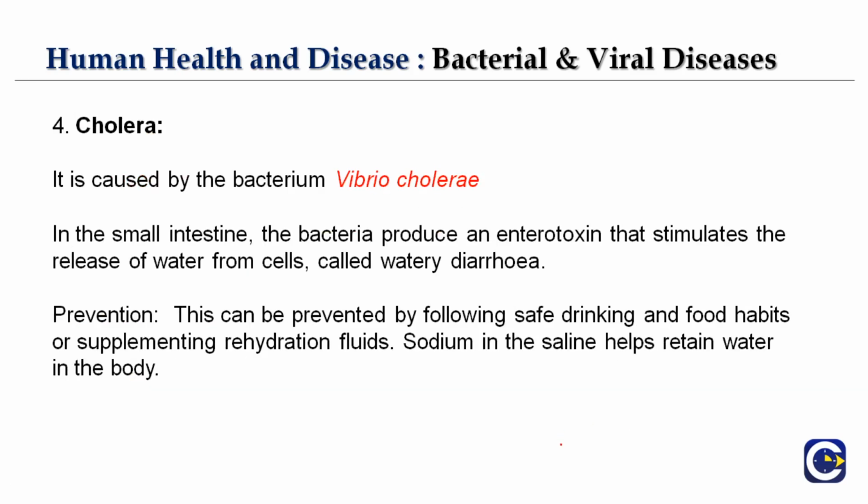Next disease that we are going to see under bacteria is cholera. Okay. So the causative agent of cholera is Vibrio cholerae. Okay. So Vibrio is a comma-shaped bacteria. In the small intestine, the bacteria produces an enterotoxin.